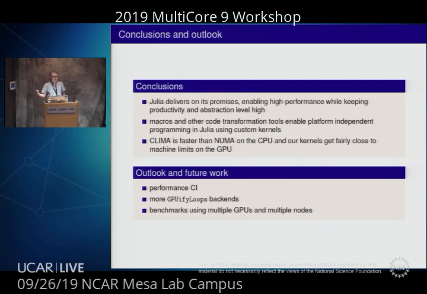There was some initial benchmarking when we were deciding on the language, and right now we want to, and there's one person already working on it, set up a performance continuous integration. We have continuous integration to check our model correctness, but we want to observe our performance. We would like to have more backends for this GPU loops and benchmark using multiple GPUs and multiple nodes.